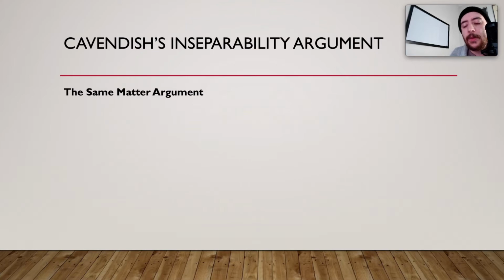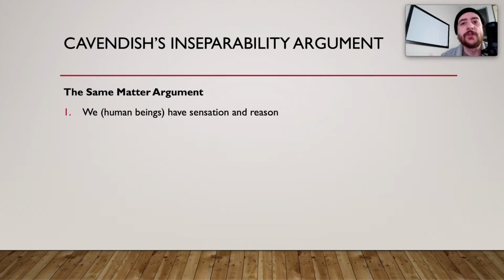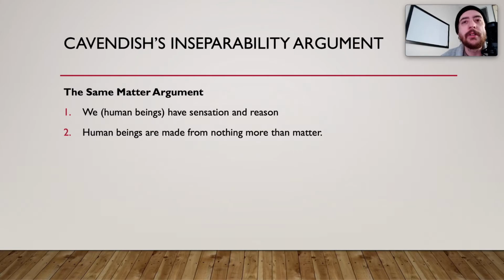And so here's how we might understand this kind of argument. We human beings have sensation and reason. We know this from our own first-person experience. Well, human beings, though, are made from nothing more than matter, or at least our minds are made of nothing more than matter. And again, we've already seen her try to establish that it must be the case on the grounds that our minds move and on the grounds of the interaction problem.